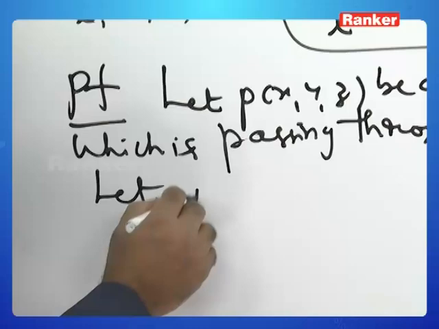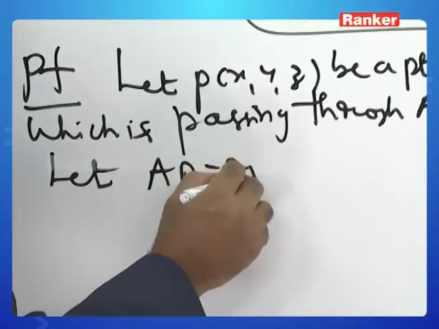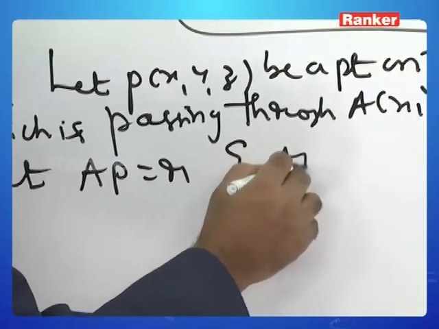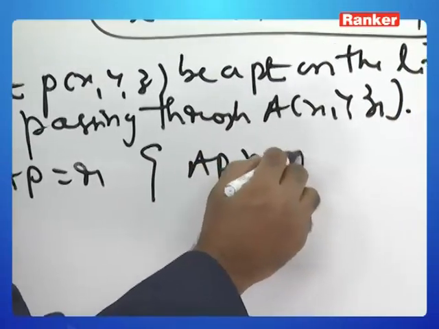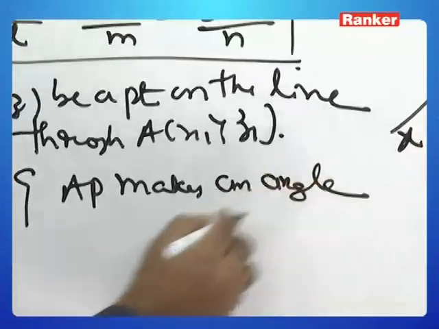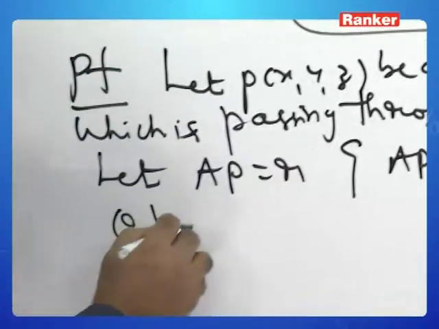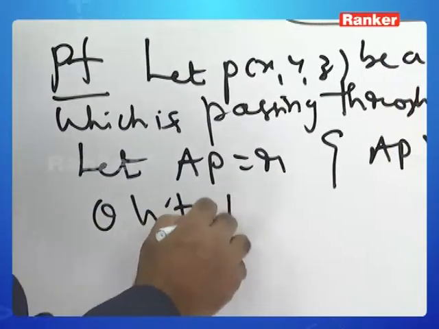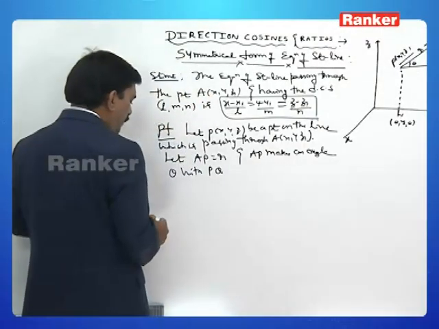Let AP is equal to R and AP makes an angle theta with PQ. PQ is the same as the y-axis.